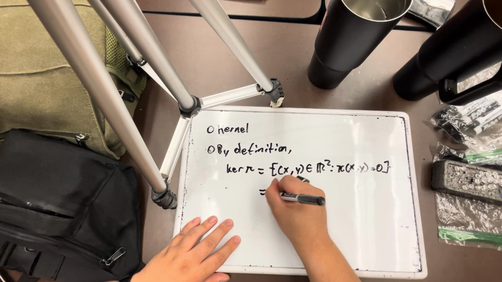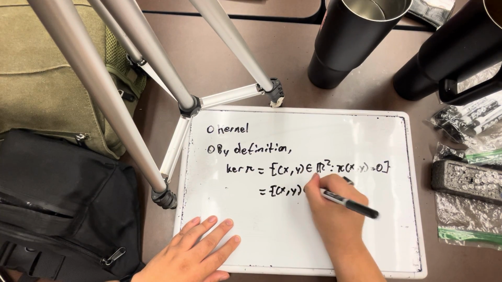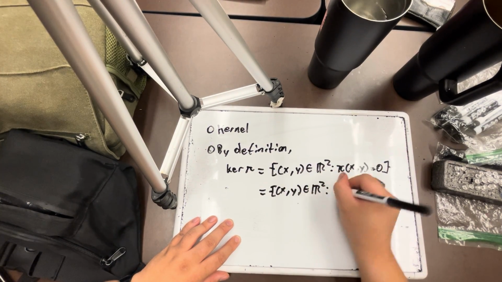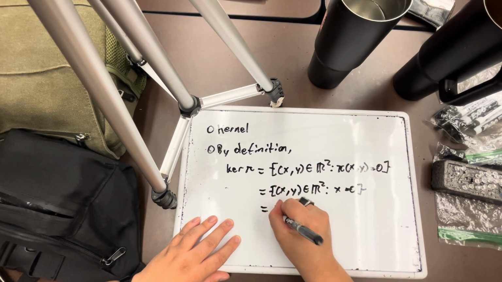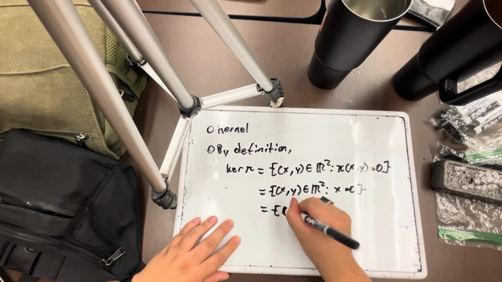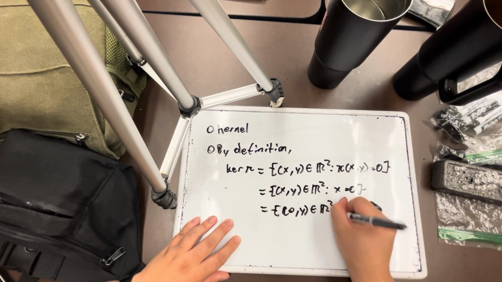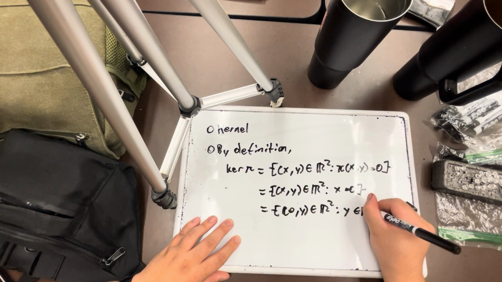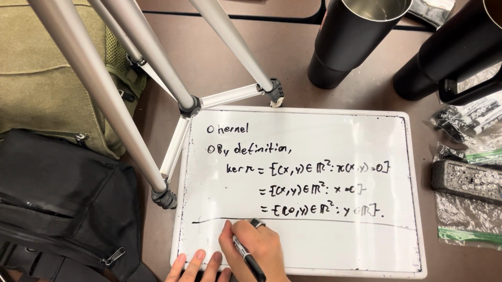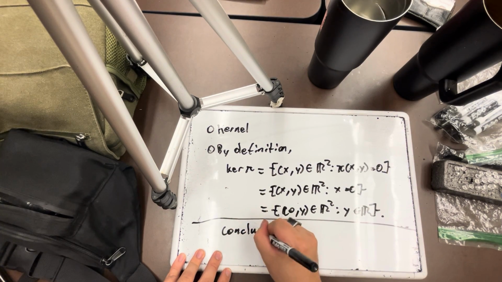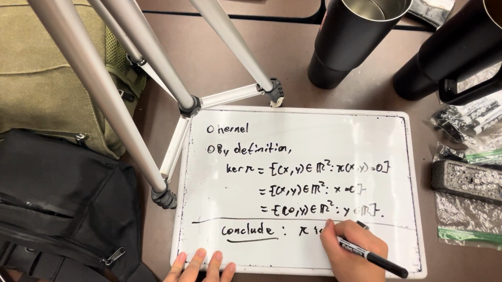And this is equal to the set containing (x, y) within the reals with degree 2 such that x is equal to 0, which is equal to the set containing (0, y) within the reals with degree 2 such that y is contained within R, the reals. So in conclusion, let's conclude here. Pi is a homomorphism.